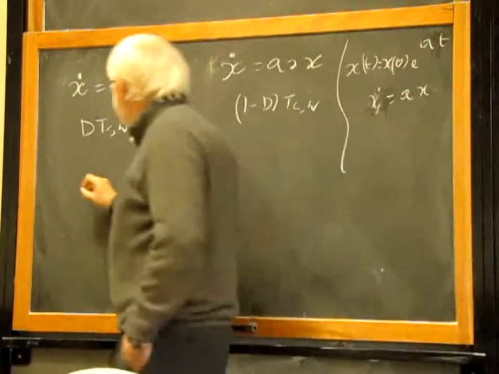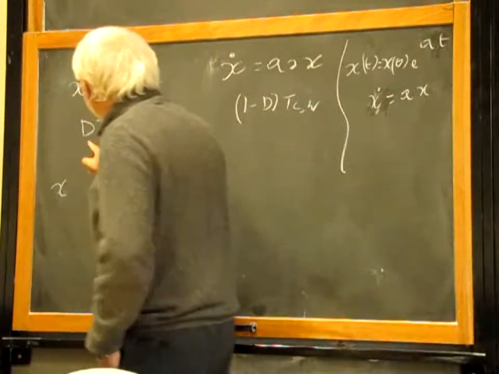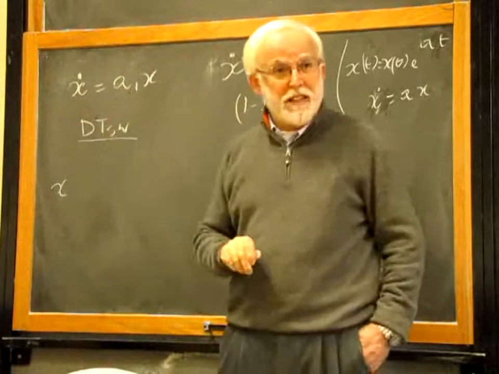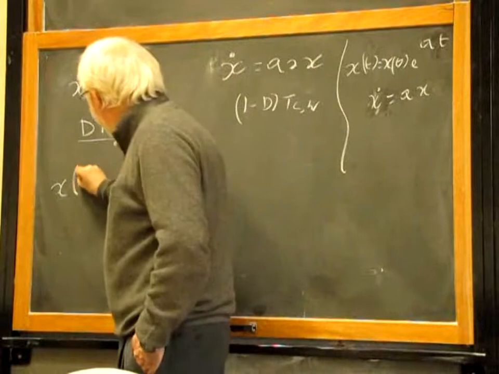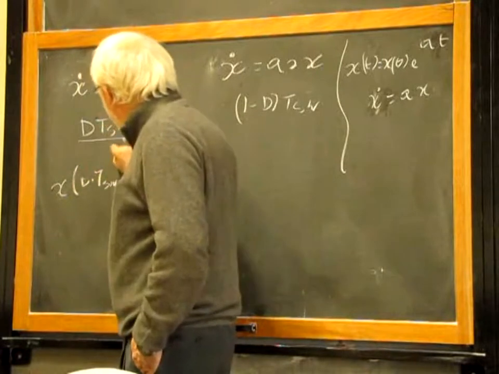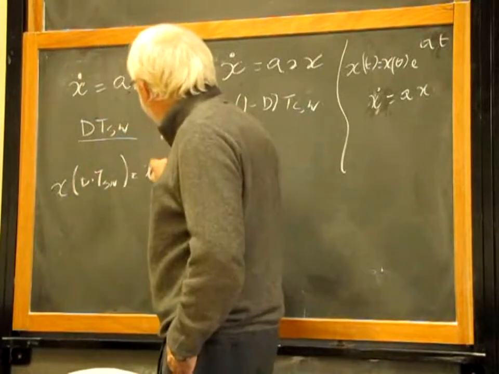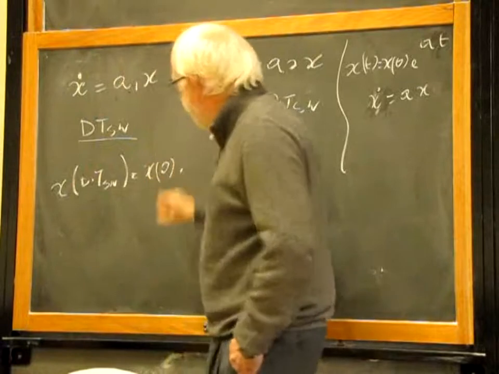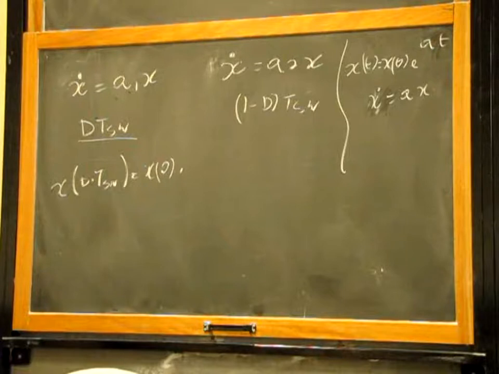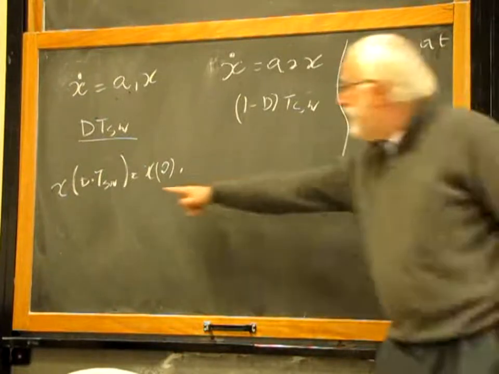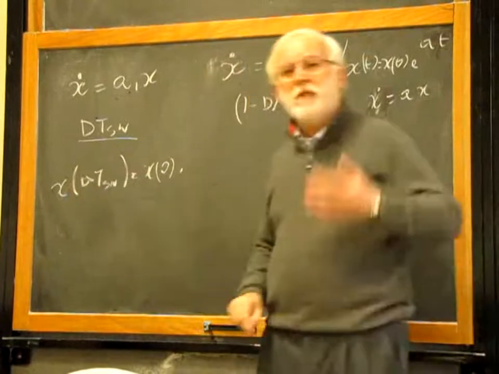Let's solve it for a period of time that is d times the switch period. So x at d times the switch period will be equal to what? I just want to find out how much is x at time d switch. I am not interested in the exponential solution.